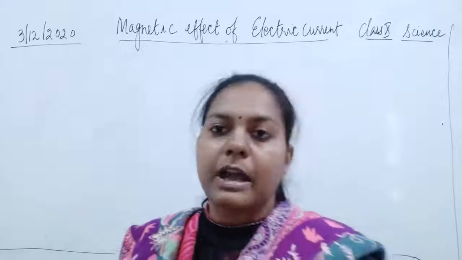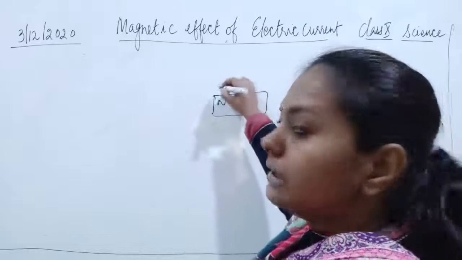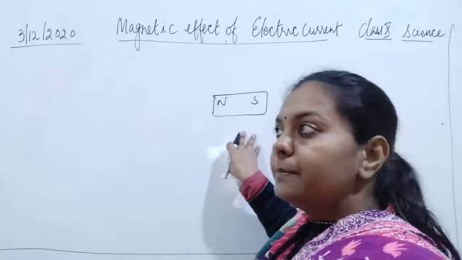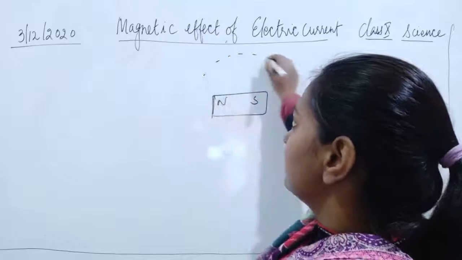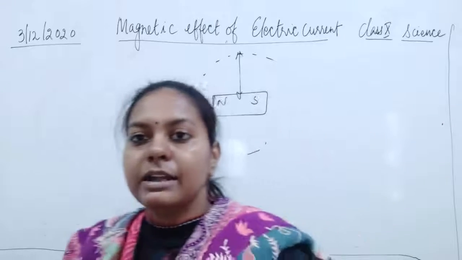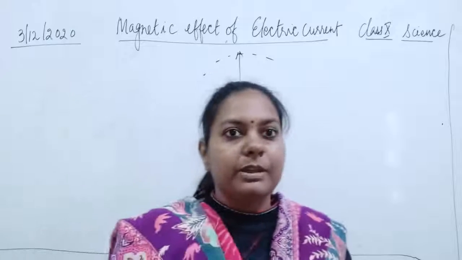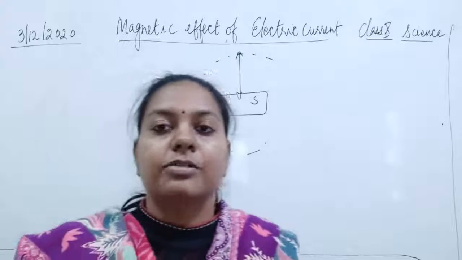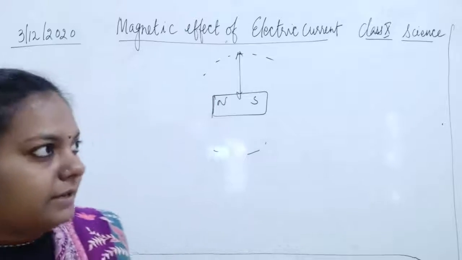Suppose this is a magnet having north and south pole; it is going to have the effect of its force of attraction in a certain area, and this area is said to be the magnetic field. This magnetic field is shown with the help of certain lines, and these lines are known as the magnetic field lines.